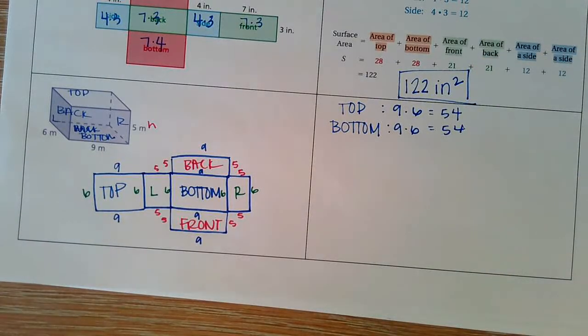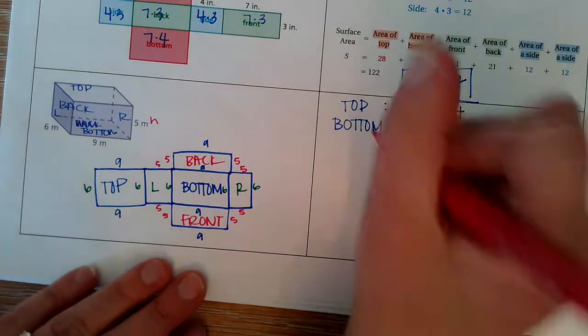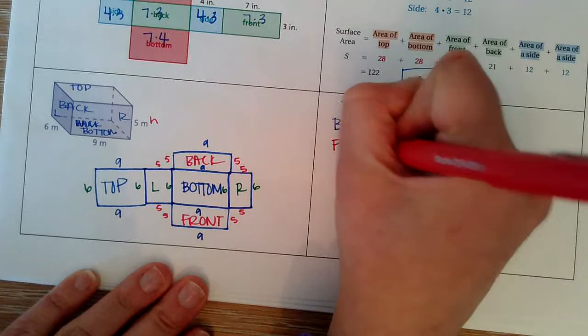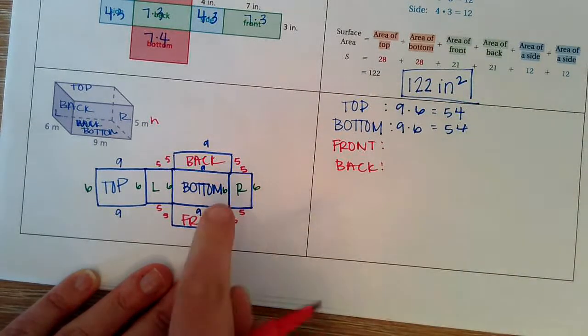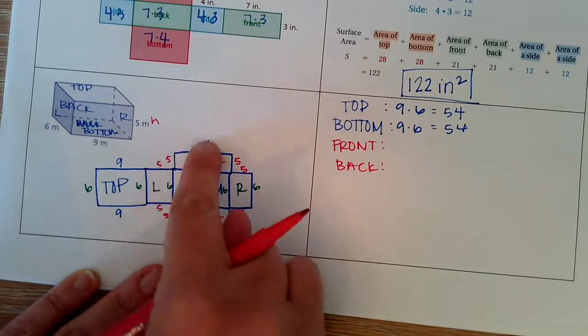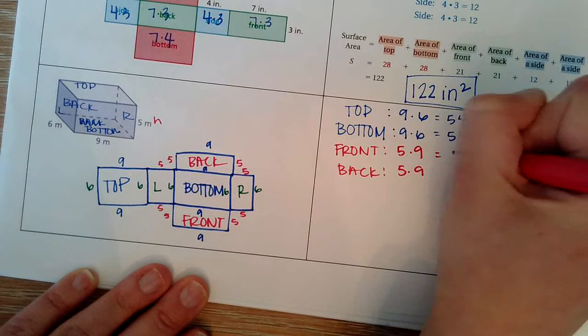Again, because these are rectangular prisms, opposite faces are identical, which will help me. Then I've got my front and back. The front and back are 5 times 9. 5 times 9 equals 45.